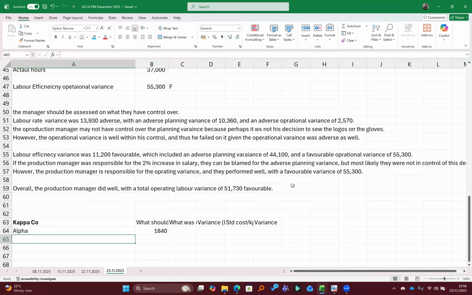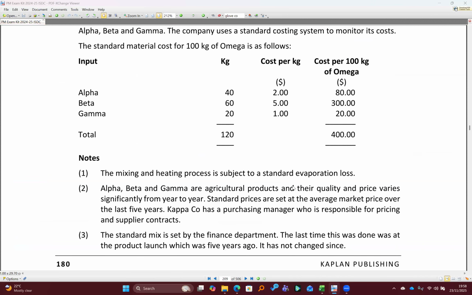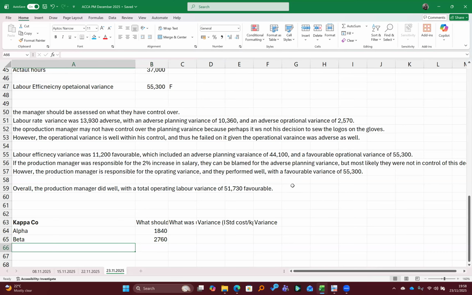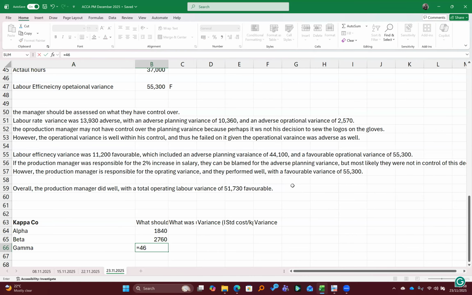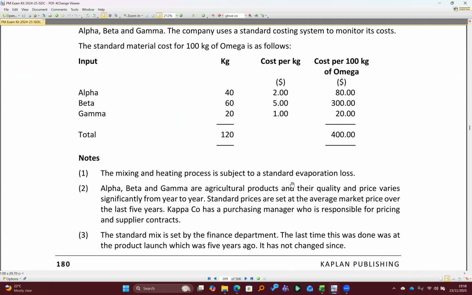So that gives you 1840. Then for beta, the same: 4,600 divided by 100 multiplied by 60. And then also gamma, 4,600 divided by 100 multiplied by 20.